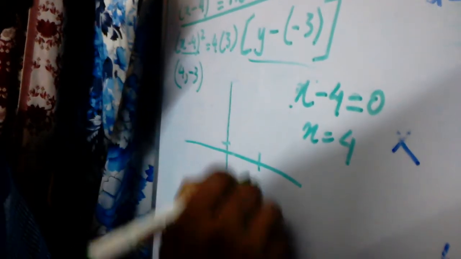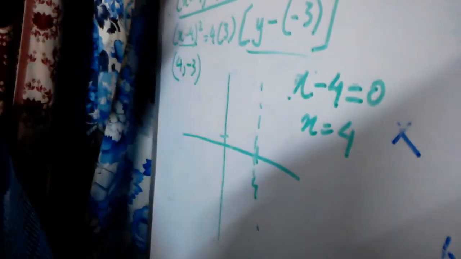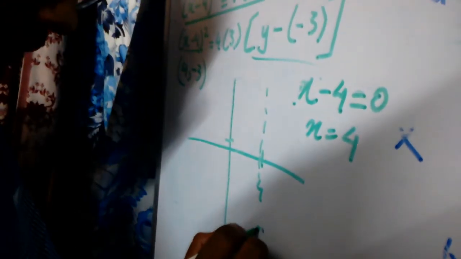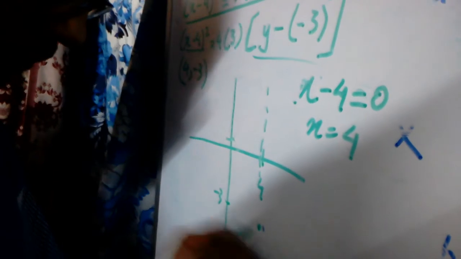Suppose this line will be the axis of symmetry and the vertex will be 4 and minus 3. That is like this one, 4, minus 3.